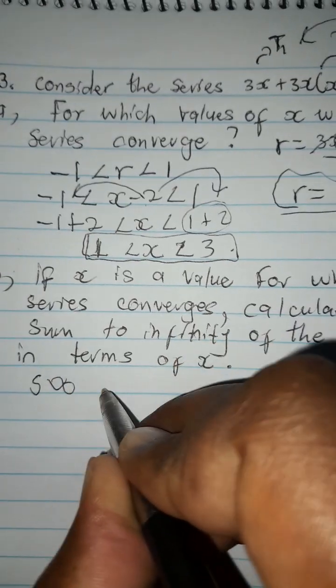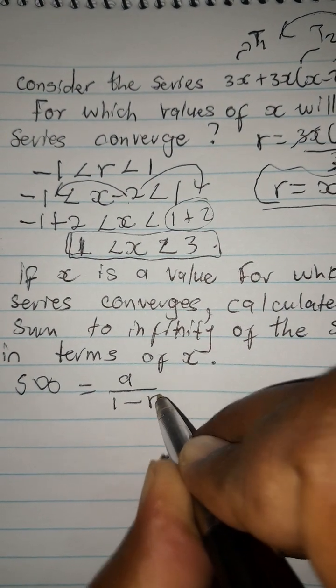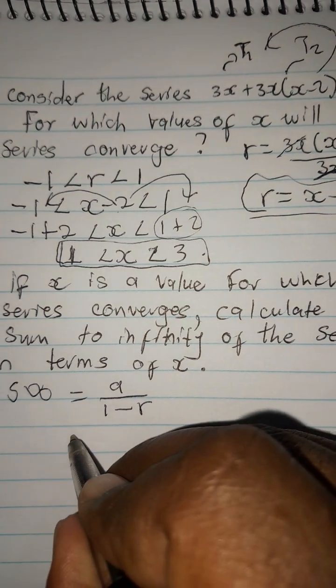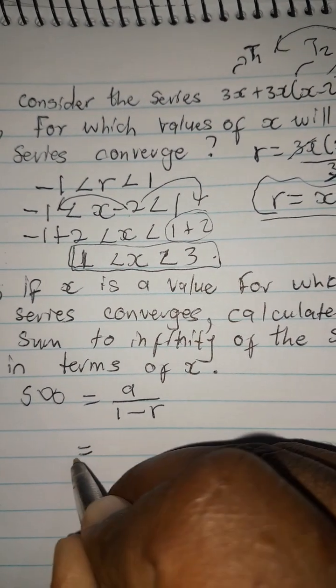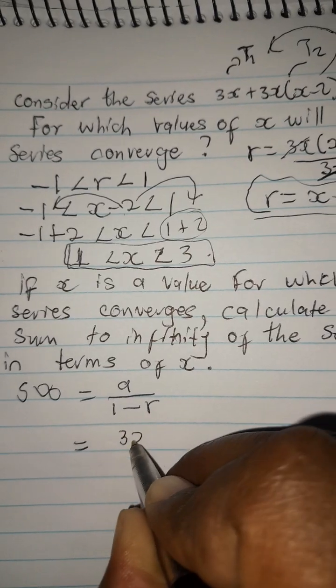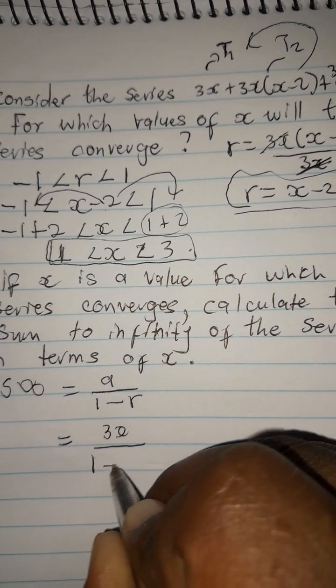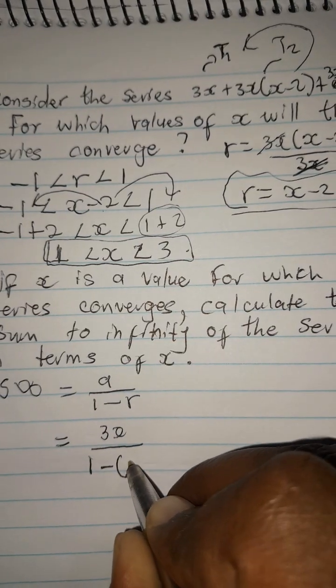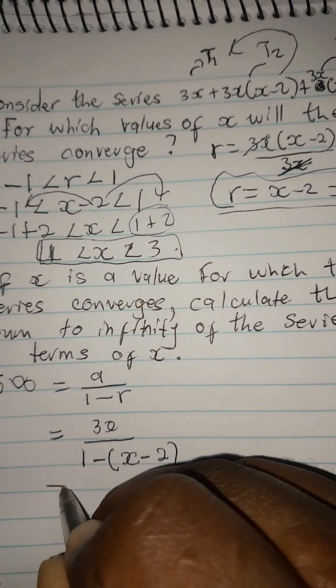So you write the formula: sum to infinity, a divided by 1 minus r, right? So where there's a, remember our a, term 1, it's 3x, divided by 1 minus, what is our r? Our r, we did calculate it. We said that the constant ratio is x minus 2.